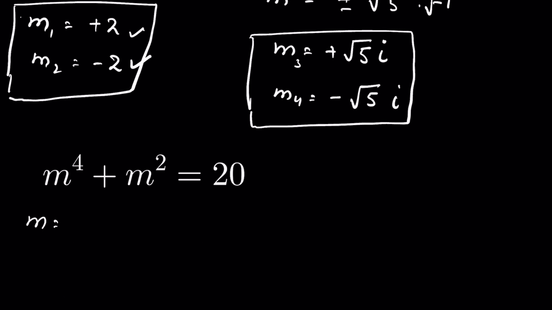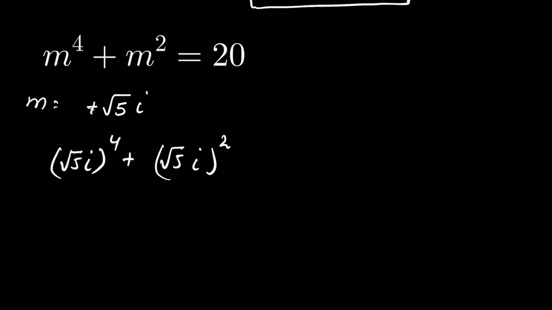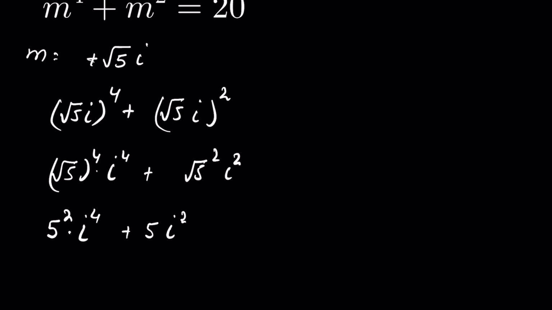When m is plus square root of 5i, so square root of 5i to the power 4 plus square root of 5i square, so this is square root of 5 to the power 4 times i to the power 4 plus square root of 5 square times i square. So this is 5 square times i to the power 4 plus 5 i square. Now i is minus 1 under square root.